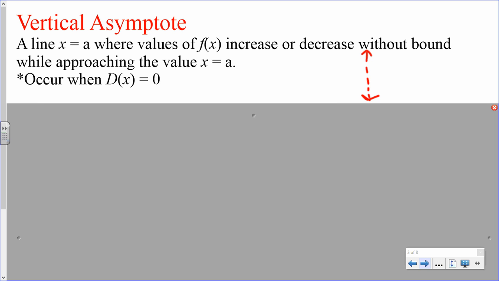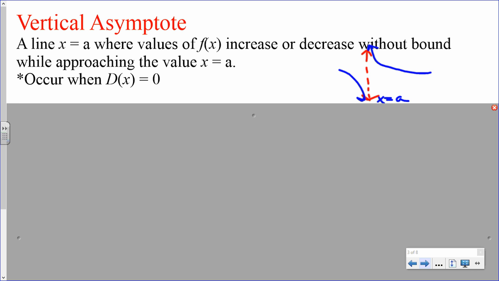So if we have a vertical asymptote at x equals a, as our function approaches a, it is going to either increase or decrease without bound as it gets closer and closer to the asymptote. That's what that means. Okay, we're going to approach the asymptote and continue to grow towards infinity as we get closer to it, or fall towards negative infinity as we get closer to it.